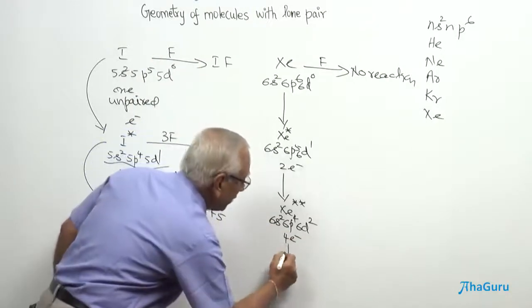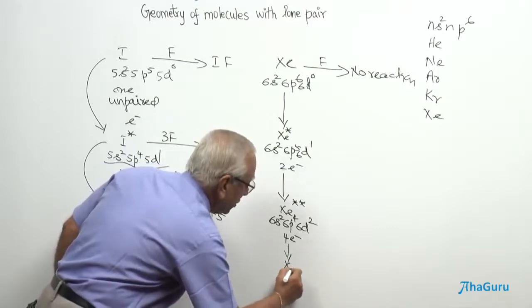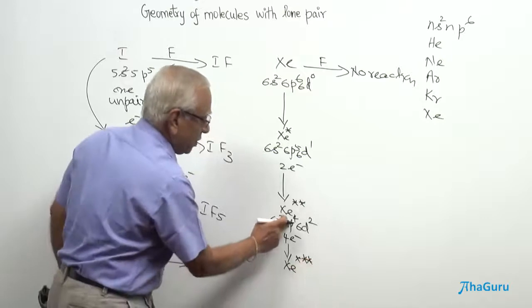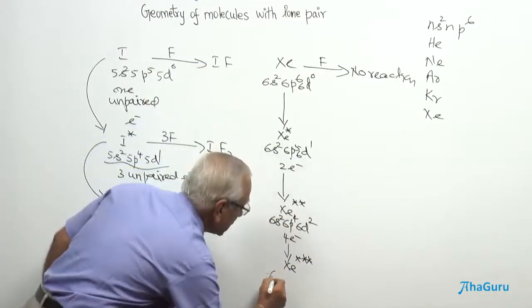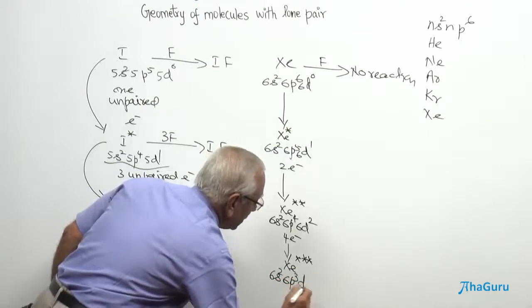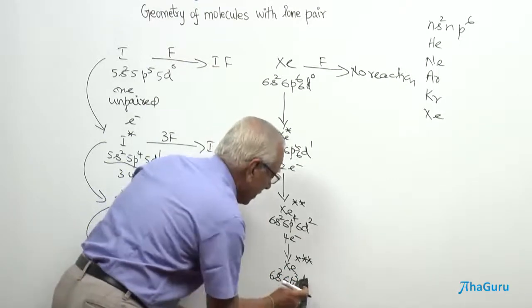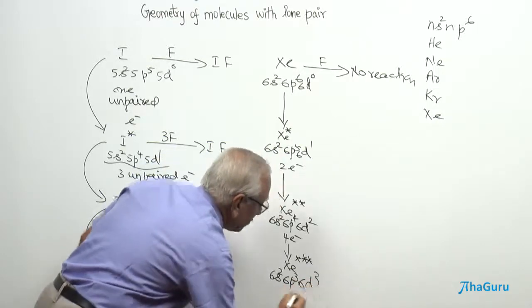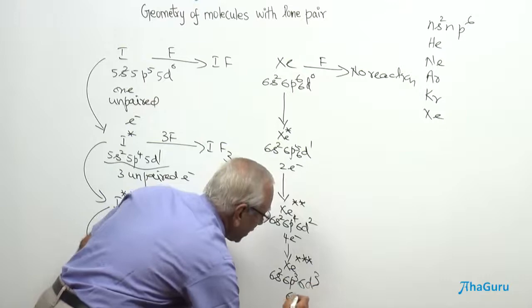And finally, what happens? This is going to be converted into xenon, the third excited state, one more electron. Therefore, this is going to be 6s2, 6p3, 6d3. So, 3 plus 3, 6 unpaired electrons.